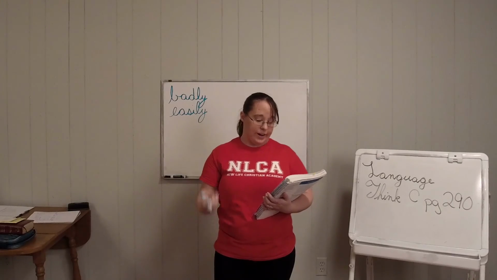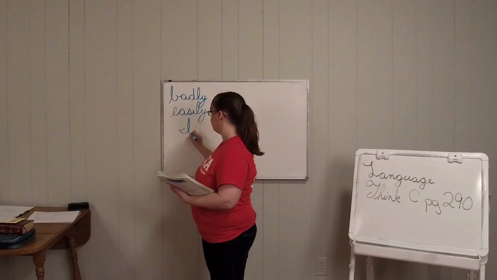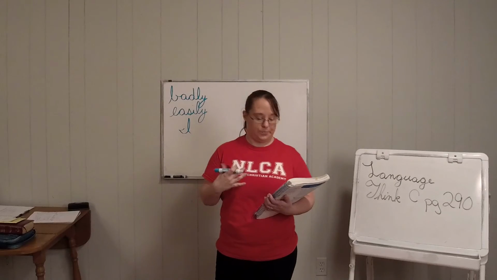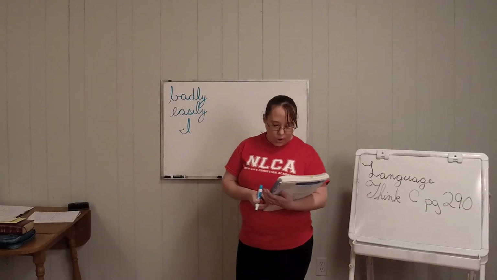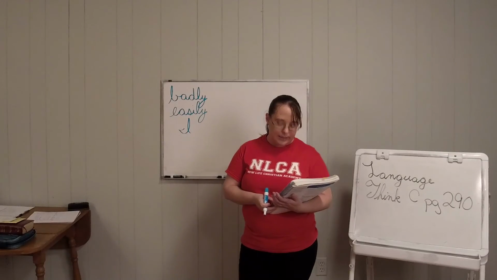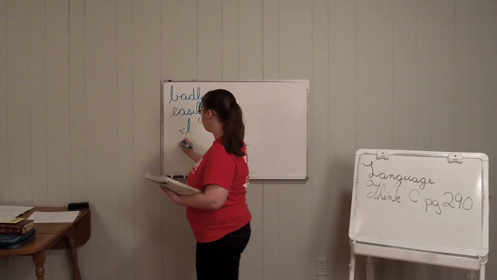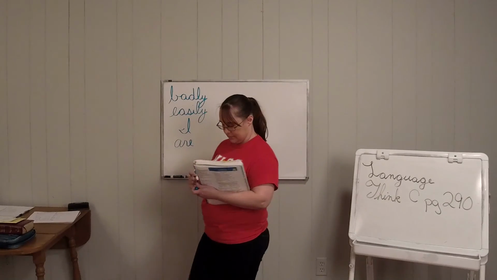You would say Aaron and I sit in the same row. And then number 5, coal and iron is mined in Michigan. Instead of is, you're going to say are mined in Michigan.